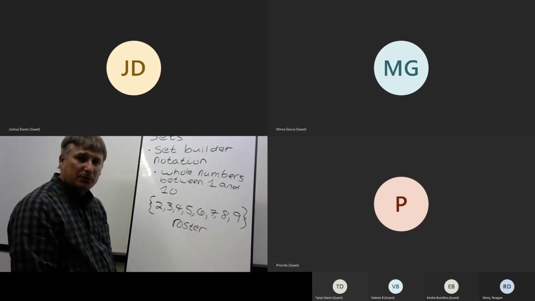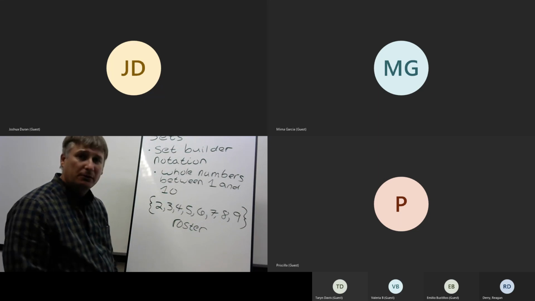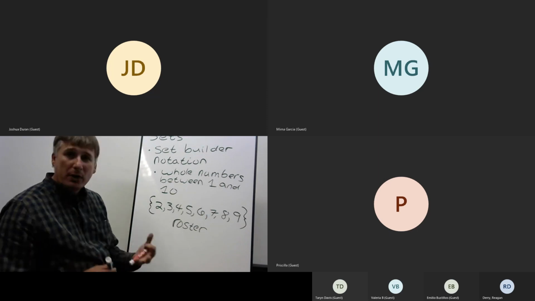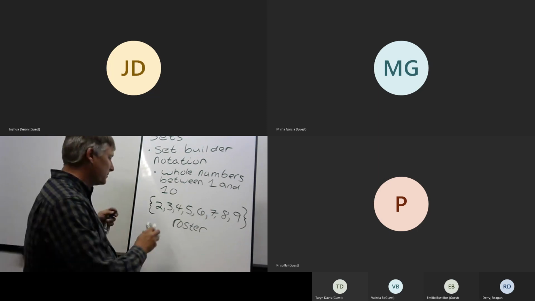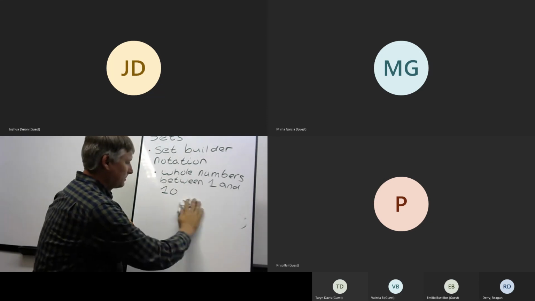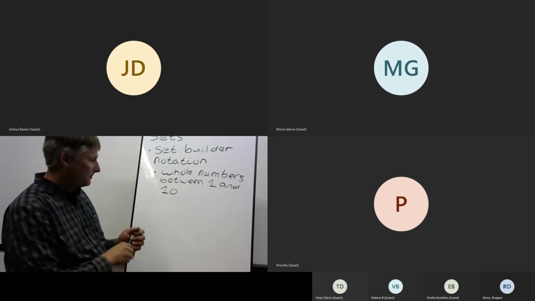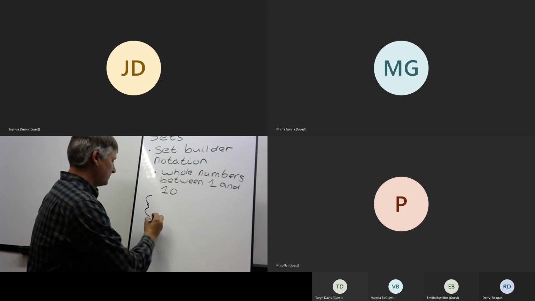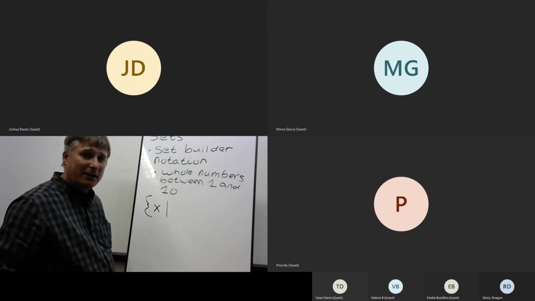Now, set builder notation, we're going to do this a little differently. We're going to do it more symbolically. So we want the whole numbers between 1 and 10. So this is what we're going to do. We're going to write it like this.